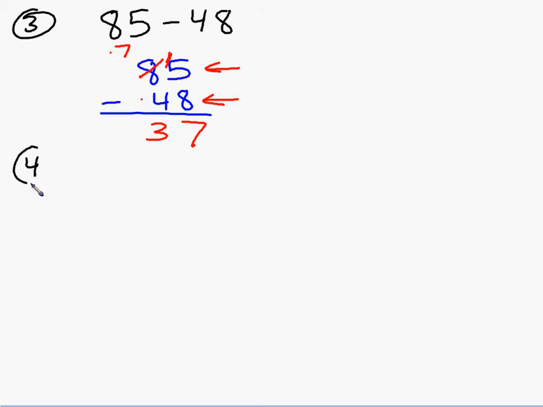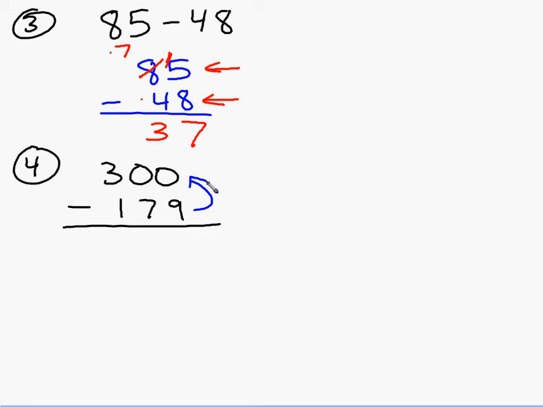Let's do another one. How about 300, and I'll go ahead and just write this one vertically, minus 179. Well, this is another one people often get in a big hurry about and make mistakes, and they forget to borrow. I cannot subtract this 9 from this 0. So I have to borrow clear across. So let's see how I do that. I borrow from this 3 and make it a 2, which makes this 0 a 10.